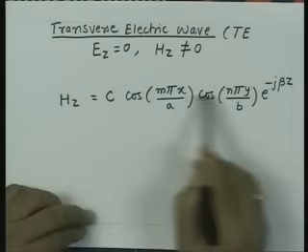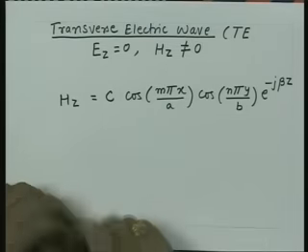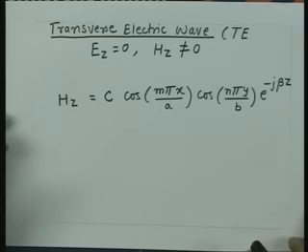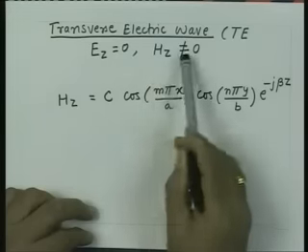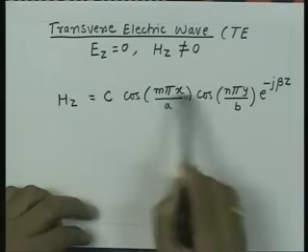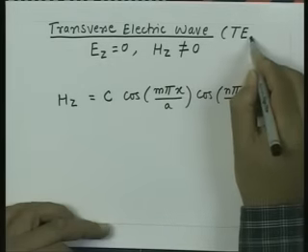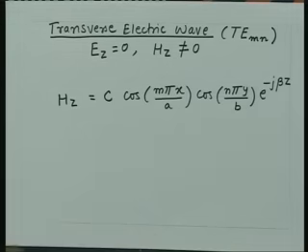Again, the m and n define the indices, that means the number of half cycle variations in the x and y direction, that means the broader and shorter dimension of the waveguide. So, as we did in the case of transverse magnetic mode, we can put these two indices along with TE. So, even the transverse electric mode is designated by TEmn mode.